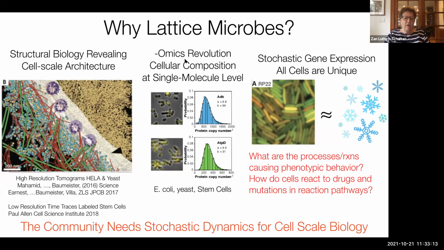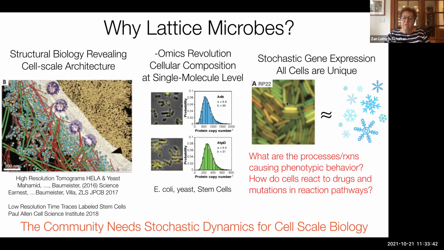And we're also having a real revolution in the omics, getting at what's in the cell, and some of it is even being done at a single-cell level. This is from the pioneering work of Sunney Xie, when he was looking at the protein copy number in maybe 300 E. coli cells. It's also been done for yeast, and it's beginning to be done for stem cells.